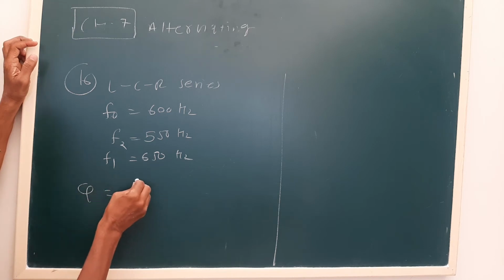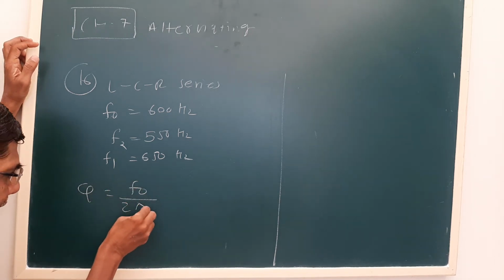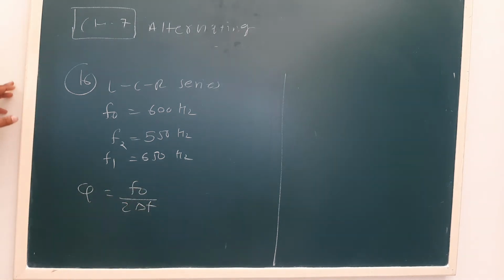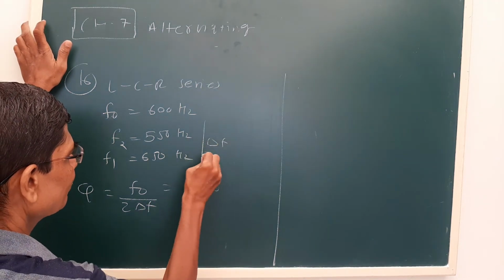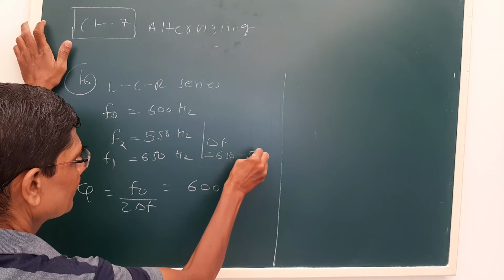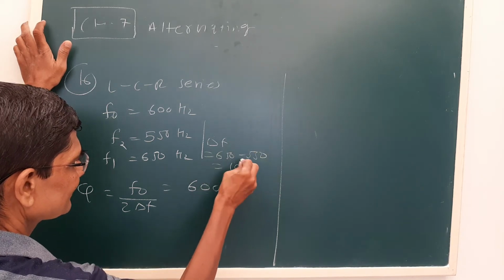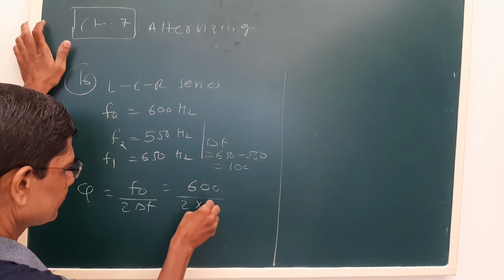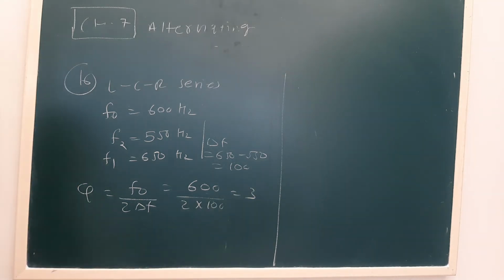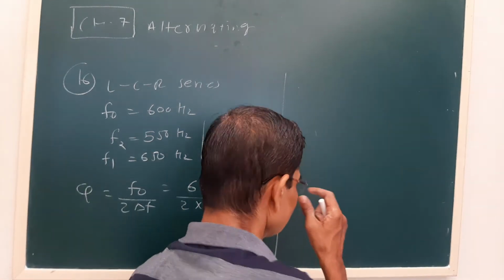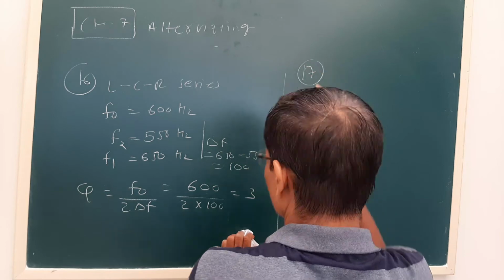So Q factor is F0 upon 2 delta F. See what will be delta F? 650 minus 550, 100. Okay, so if we solve this, we get value of Q factor is 3. Okay, now see the next MCQ, MCQ number 17.